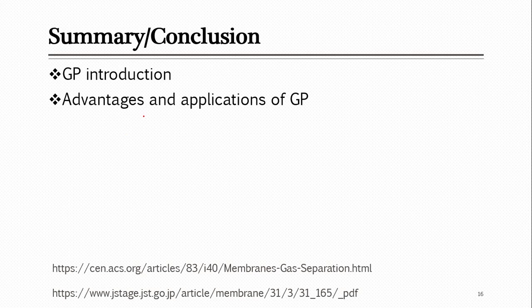Then we looked at which kinds of membrane materials are used, which modules are better, what the importance of pressure is, and what type of membrane, porous or non-porous, should be used. Then at the end of the lecture we saw some of the problems which membranes usually encounter. So in order to avoid those problems in gas separation membranes, you go for some pre-treatment before bringing your gas to the main gas separation unit.